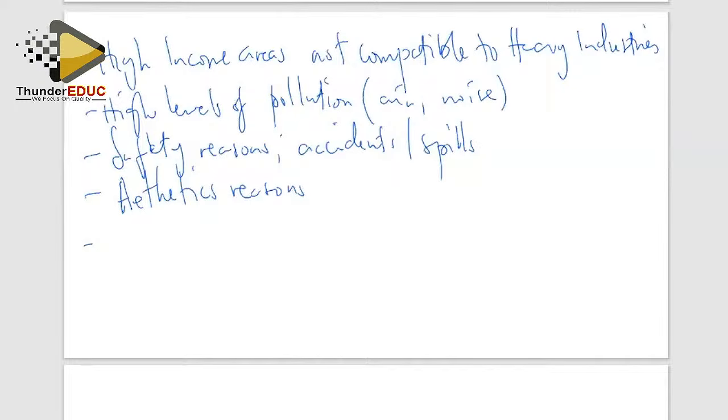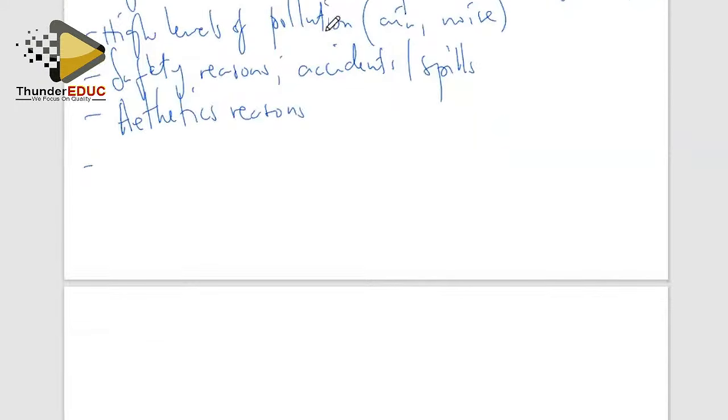Then we also look at property values. Property values are high and hence high income areas cannot locate in areas with lower property values. If an area is close to an industrial area, that is a very risky area, and we cannot expect high property values in such areas. So for the same reasons, high income areas cannot be compatible to heavy manufacturing activities.